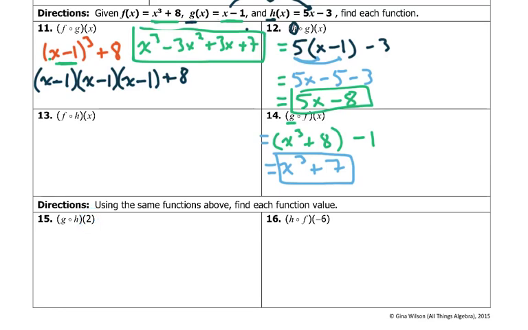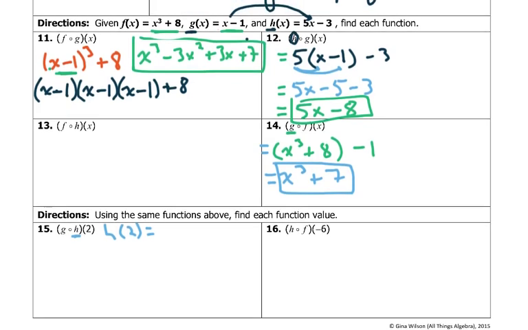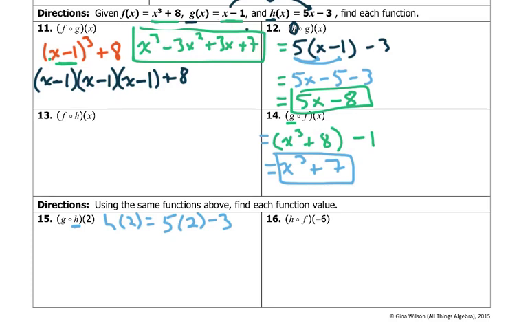All right, so here we go. h of 2, again, I'm doing this one first. h of 2 equals, well, h is 5x minus 3, so this is 5 times 2 minus 3, so we get 10 minus 3, which is 7.